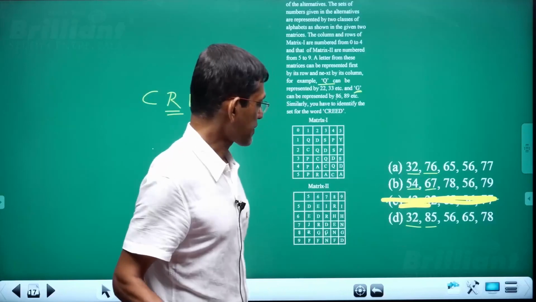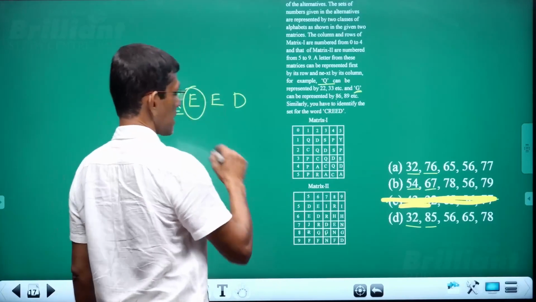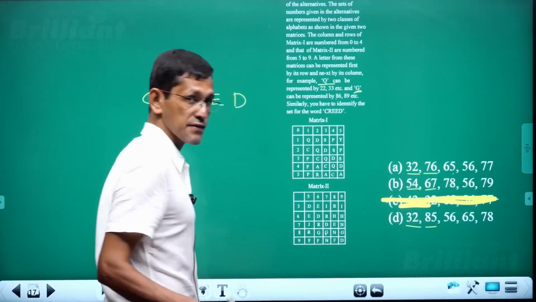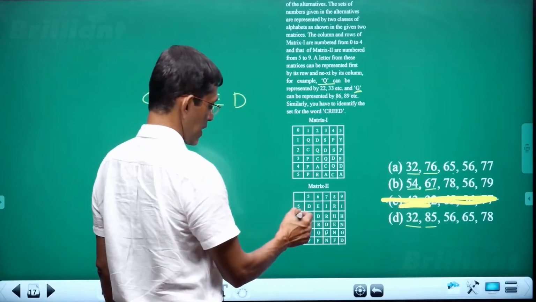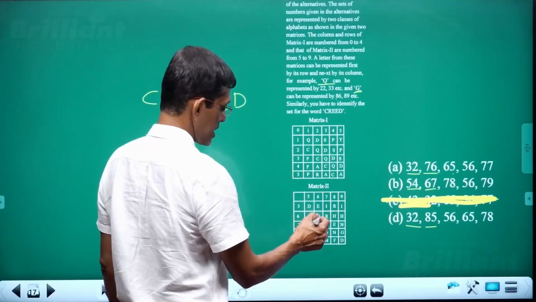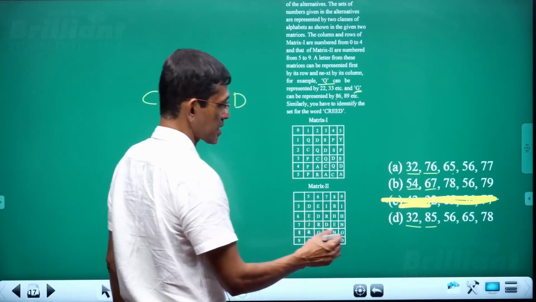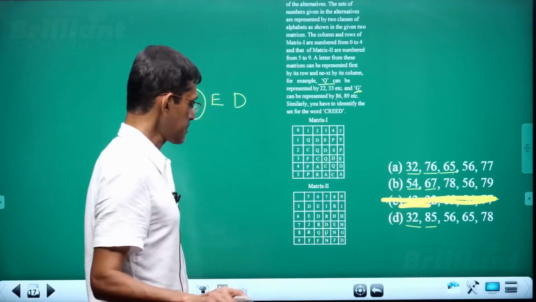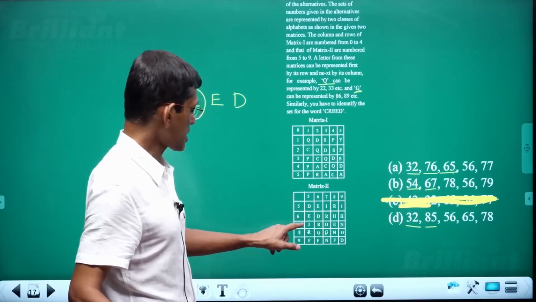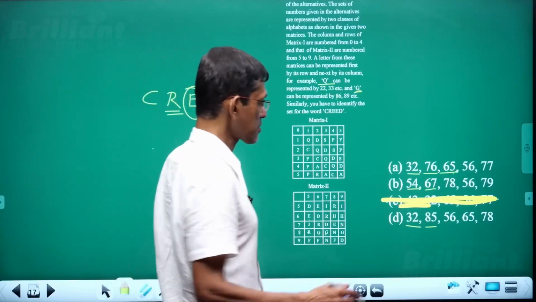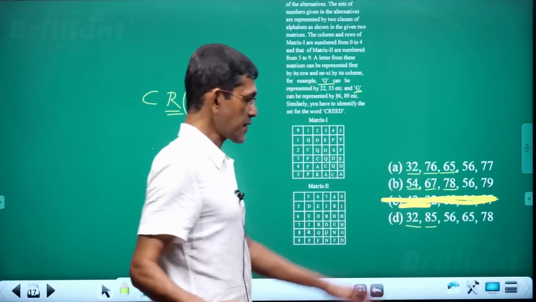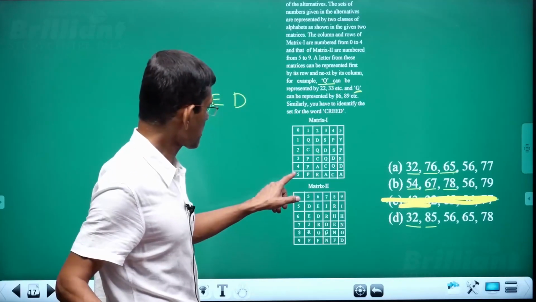Now 65. So what is it? E. Is it possible for E to be 65? Well, 6, 5. E is not 60. Well, yes, E is 65, correct. 65 is possible. Then 78. E, 7, 8. Yes, it is possible. And 56, whether it is possible, 5 and 6.